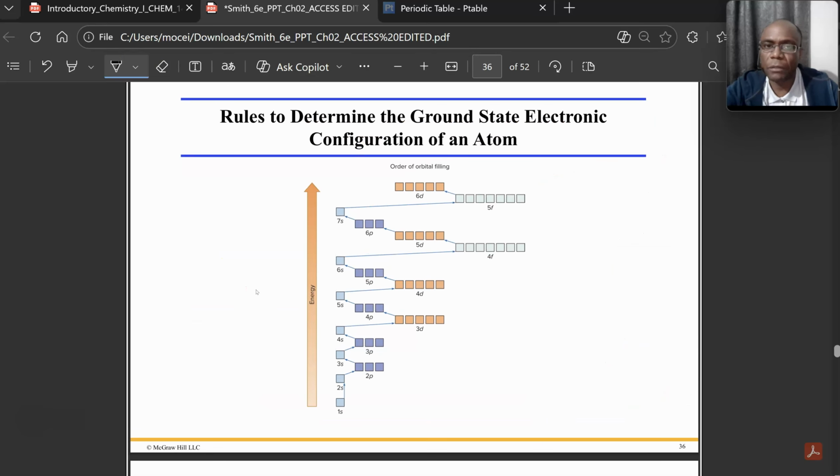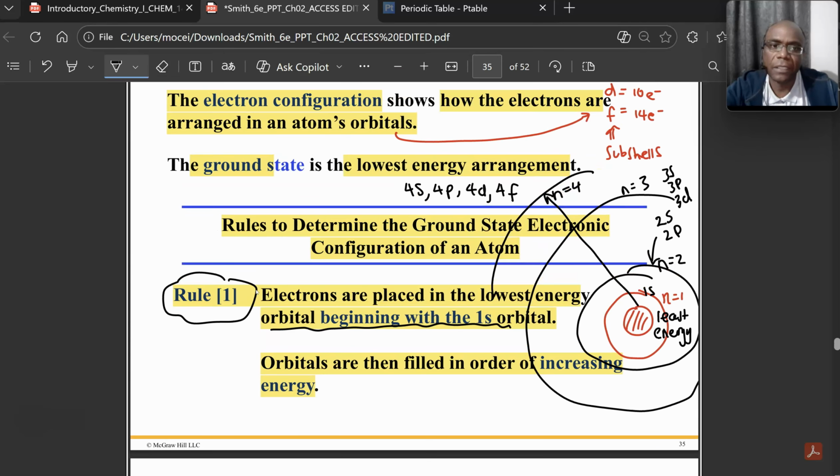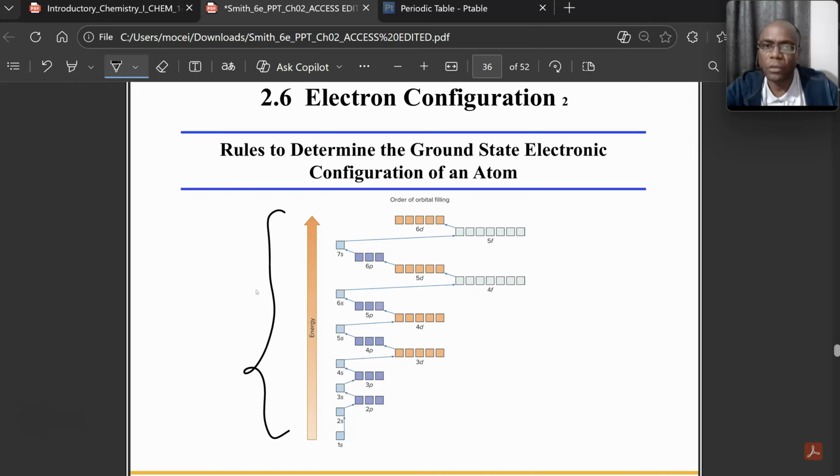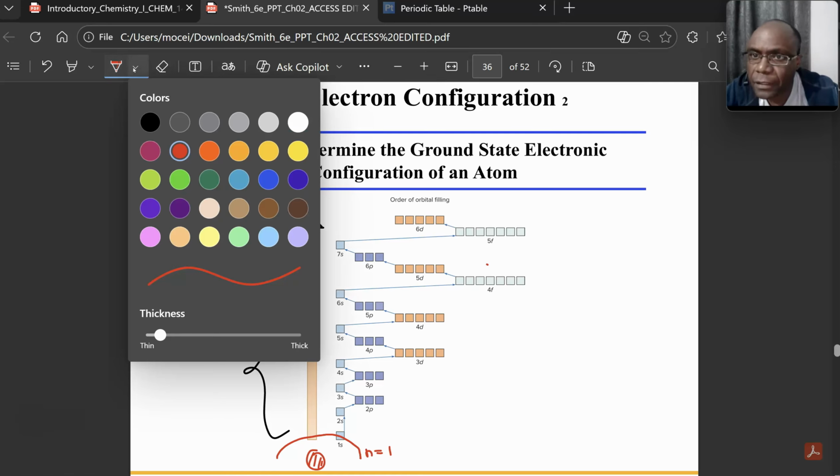Rule number 1 can also be illustrated here. You see how I showed the circle here? Rule number 1 can also be illustrated using this energy level orbital diagram. Now let me break this down to you. Assume that the nucleus is right here. So the first energy level, n equals 1, will be there. Okay. And then I change my color.